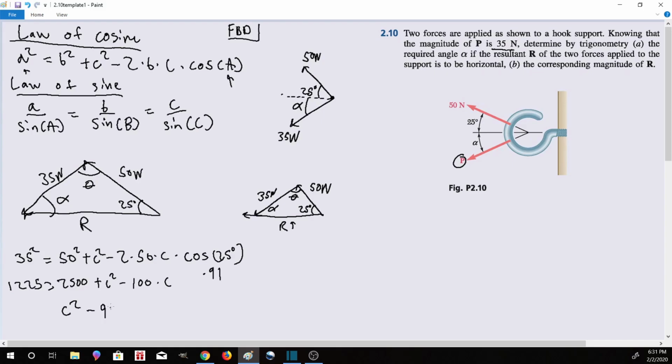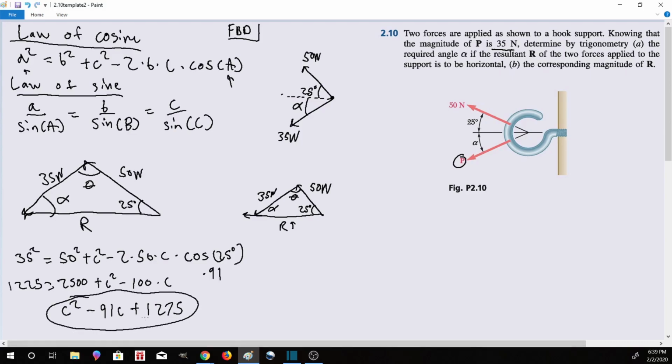minus 91C plus 1,275. And now we can see that this is just a quadratic equation.